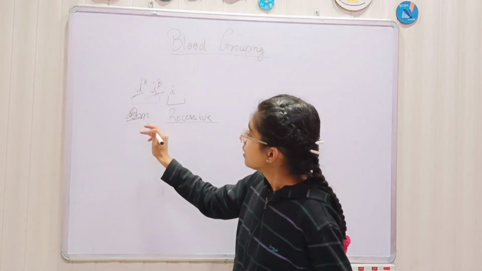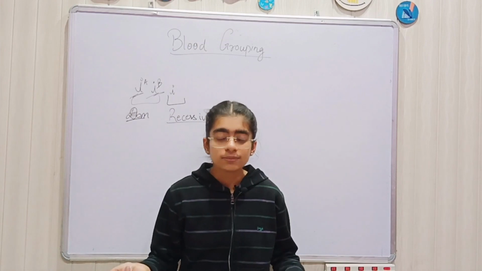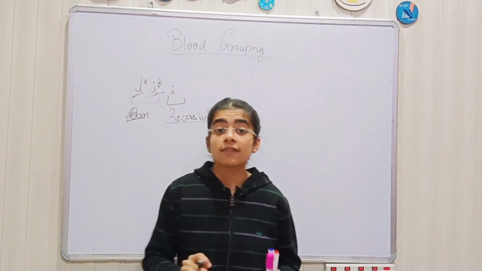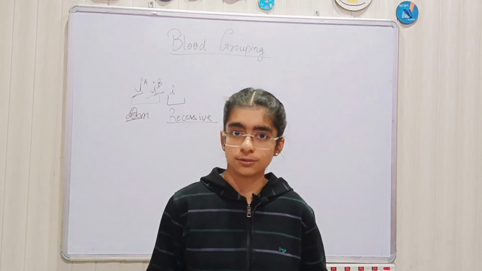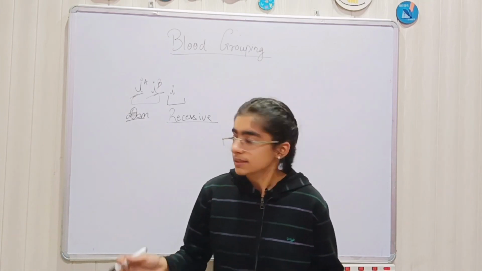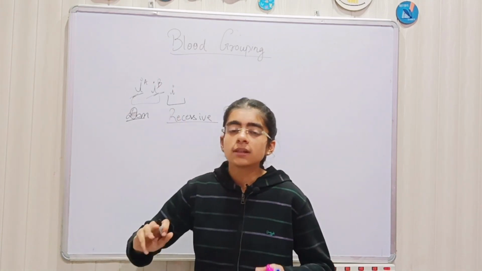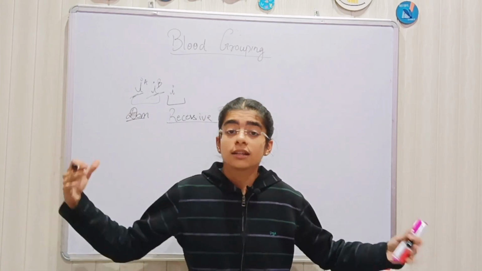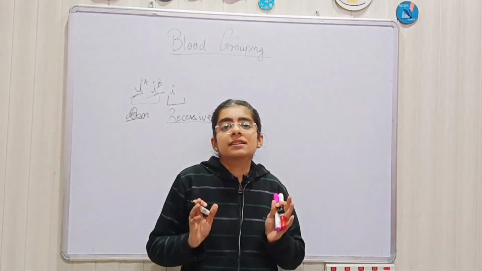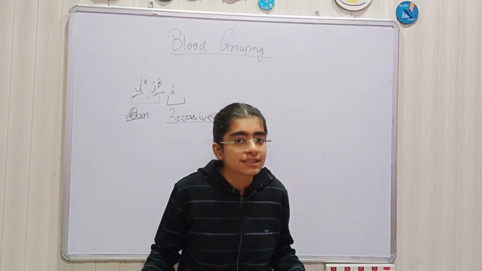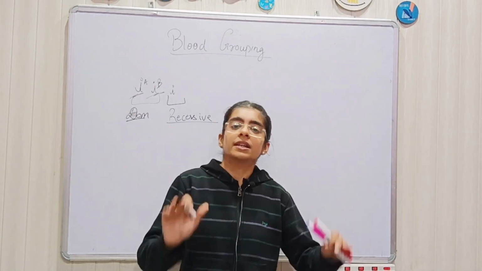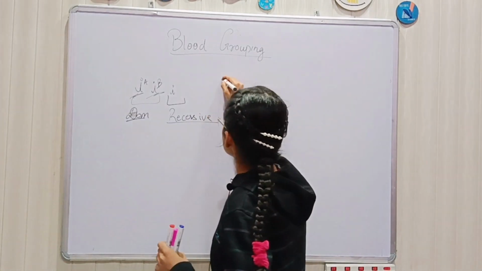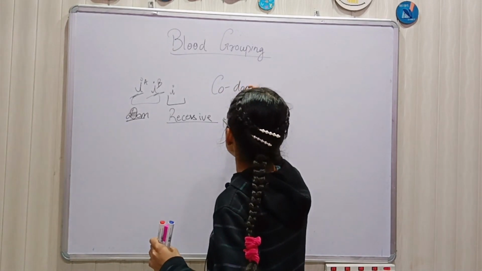Next, with this ABO system, we have the concept of codominance also. What is codominance? Codominance is very simple: if I have one dominant and another dominant, and both are present at the same time, which will express? Yes, both will express.